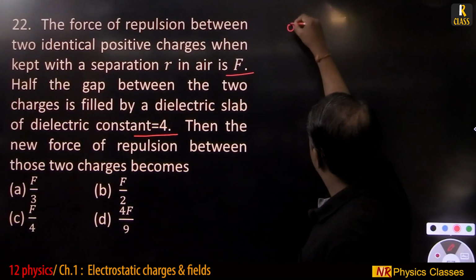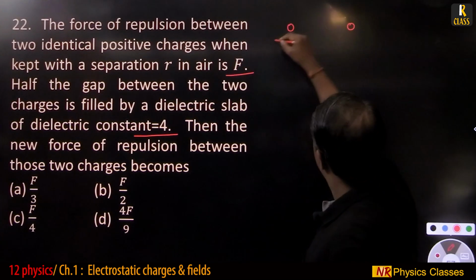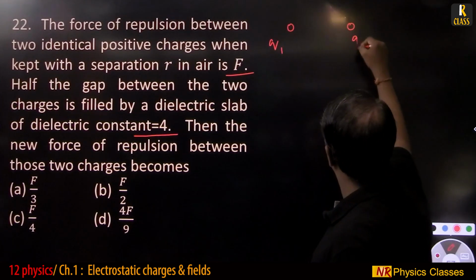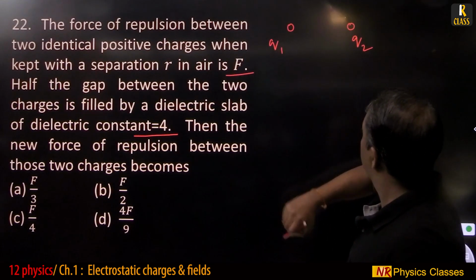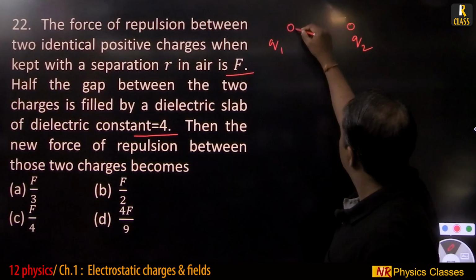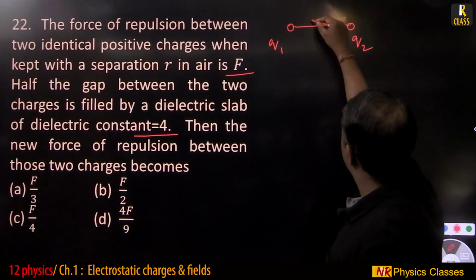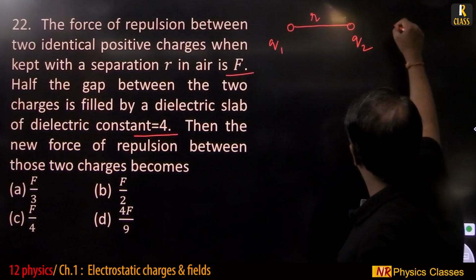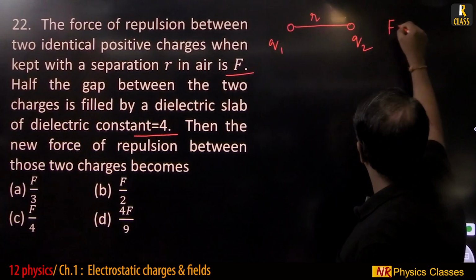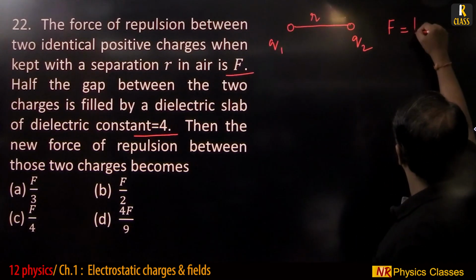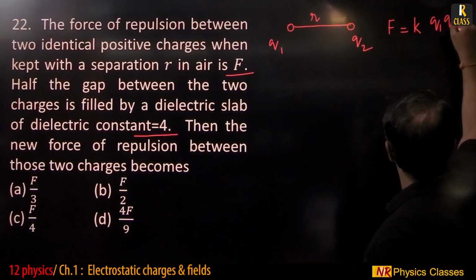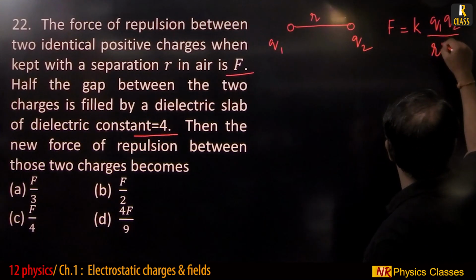So these two are the charges Q1, Q2. Distance is r, force is F, and F equals constant into product of the charges Q1, Q2 by r square.